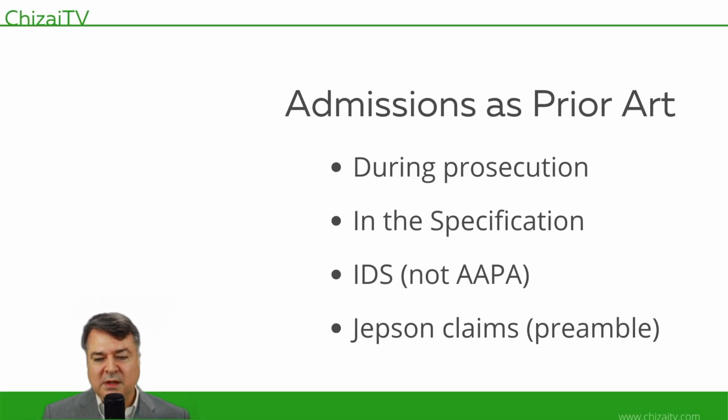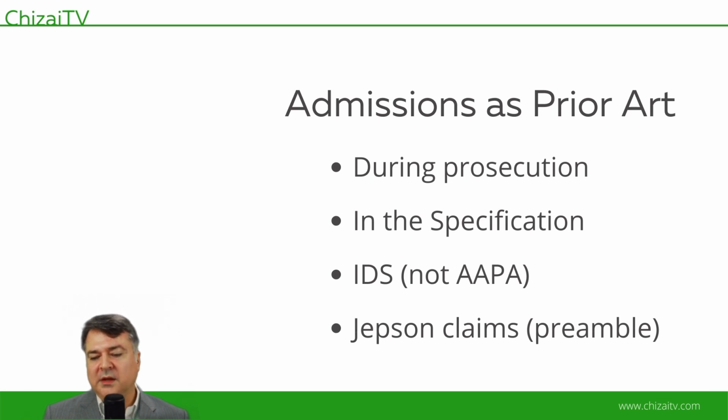So there are basically 4 situations that I want to talk about that are related to admissions. The first one is admissions during prosecution. The second is admissions in the specification. And then third is about IDSs, where references disclosed in IDSs are generally not applicant admitted prior art.